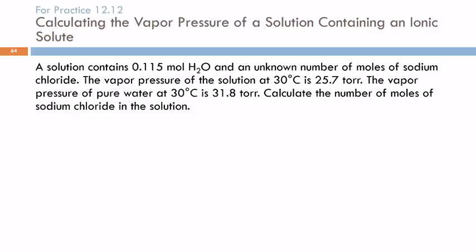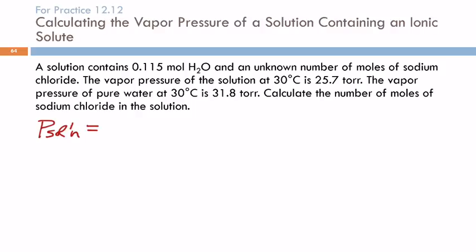This is one of those problems you have to think about. You can't just pull out an equation and plug stuff into it. Well, the vapor pressure. So the vapor pressure of the solution was equal to what? You remember?